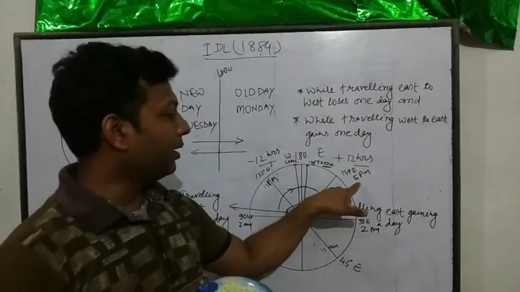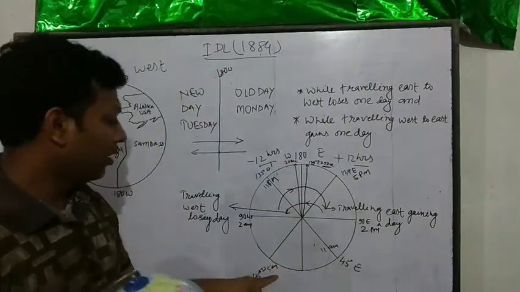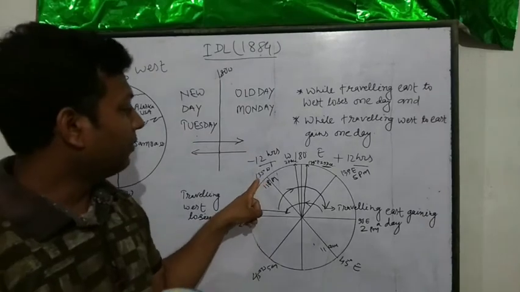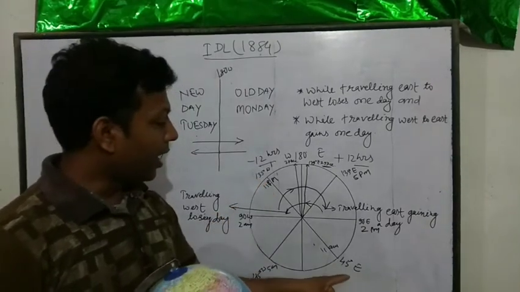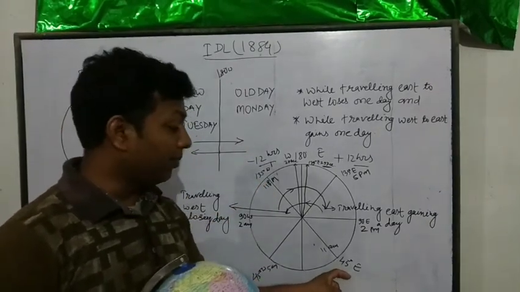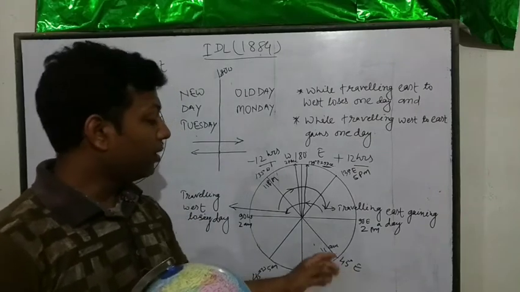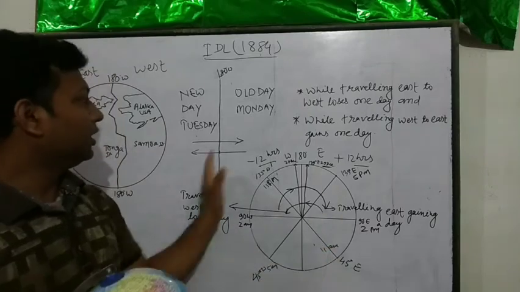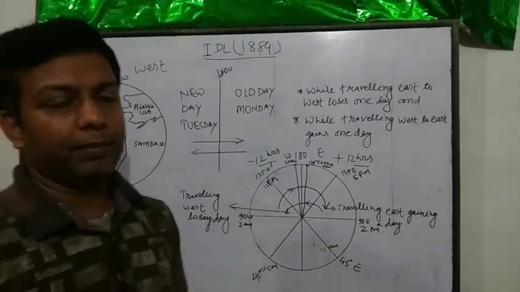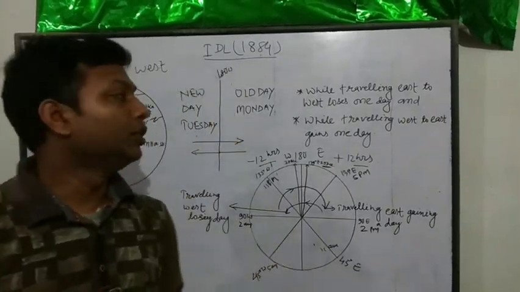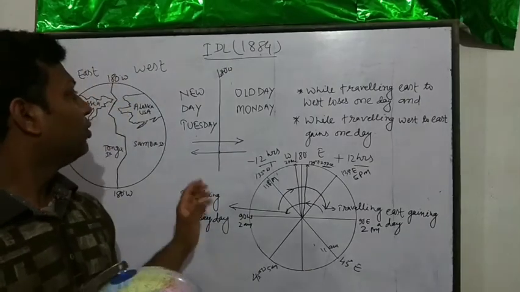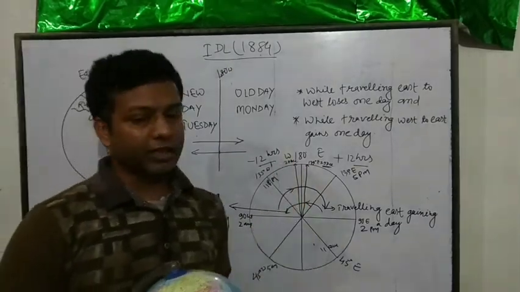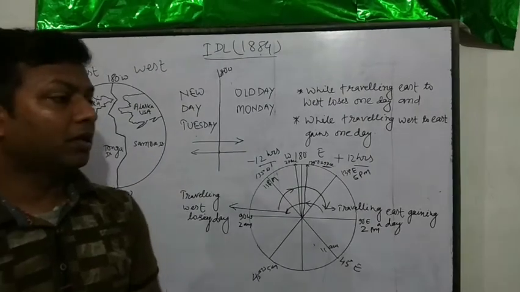Like 135 degree east, here 5 p.m., here 5 a.m. 135 degrees 11 p.m. and here 45 degree east, we have 11 a.m. Okay? So this is all about time concept. I think you easily understand all the things about time concept.